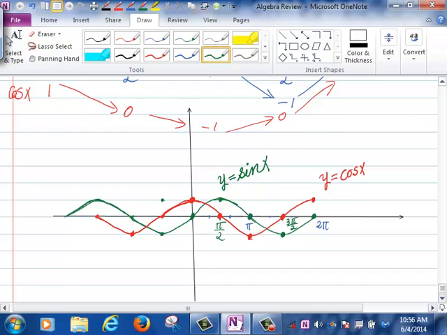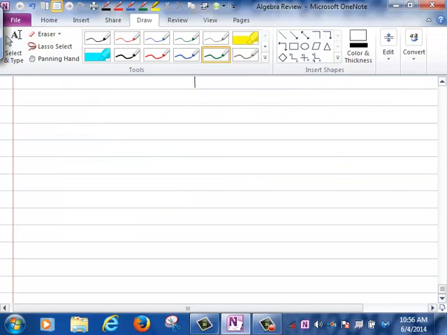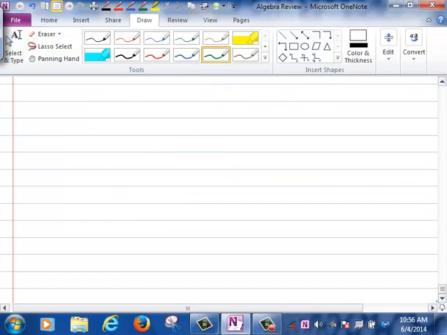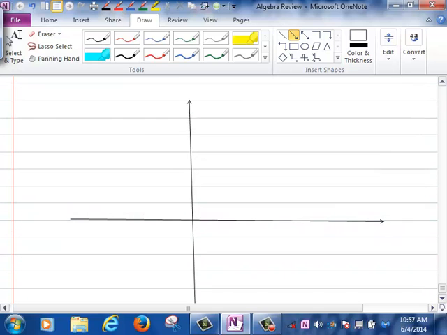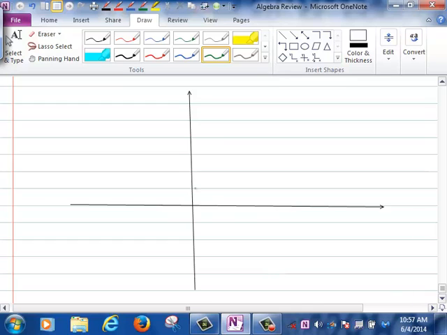And show you how to obtain the graph of secant, okay? So here is my x-axis, and here is my y-axis.